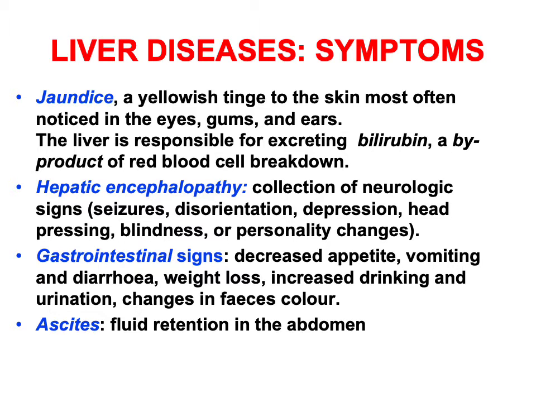In this case you have to make a differential diagnosis with diabetes and some hormonal disturbances, and also the color of the feces may change. And we have many times ascites, a fluid retention in the abdomen.